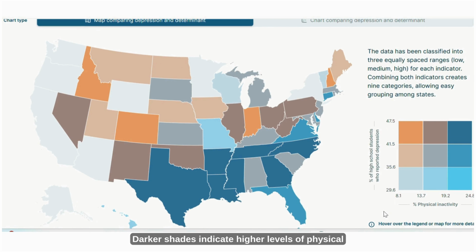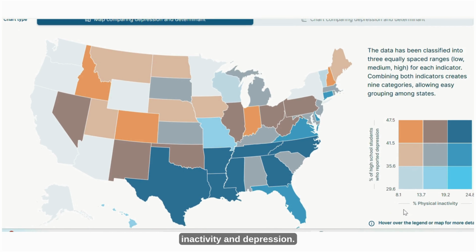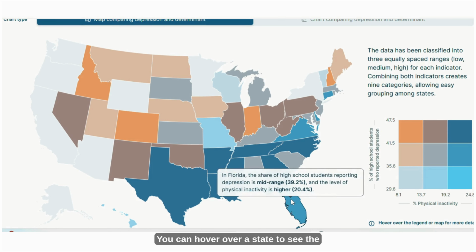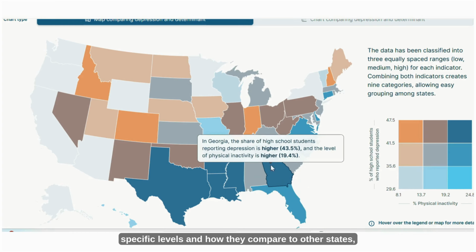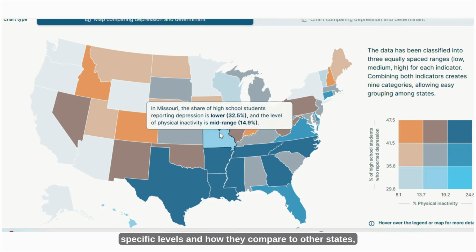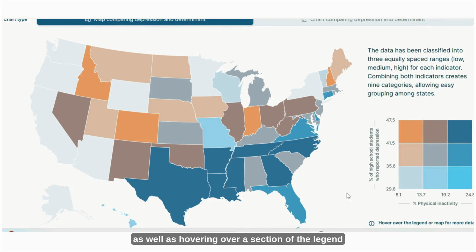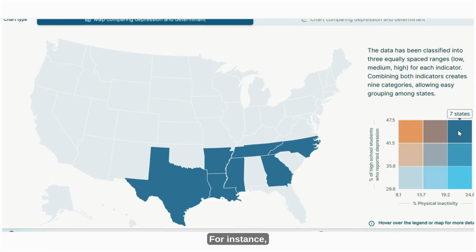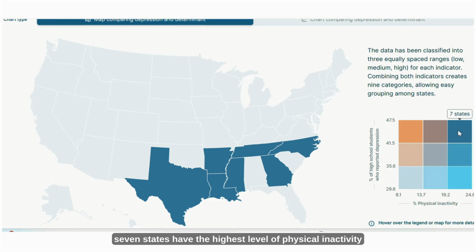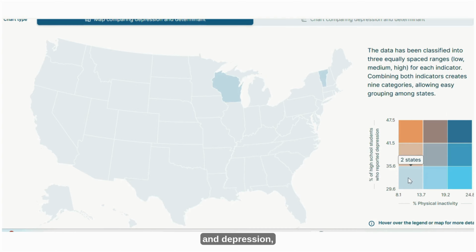Darker shades indicate higher levels of physical inactivity and depression. You can hover over a state to see the specific levels and how they compare to other states, as well as hovering over a section of the legend to see the states in that category. For instance, 7 states have the highest level of physical inactivity and depression, while 2 states have the lowest levels.